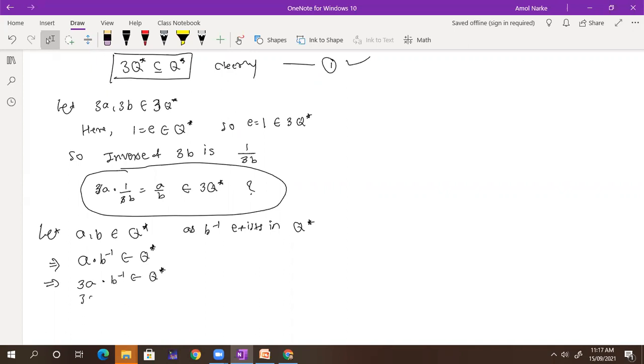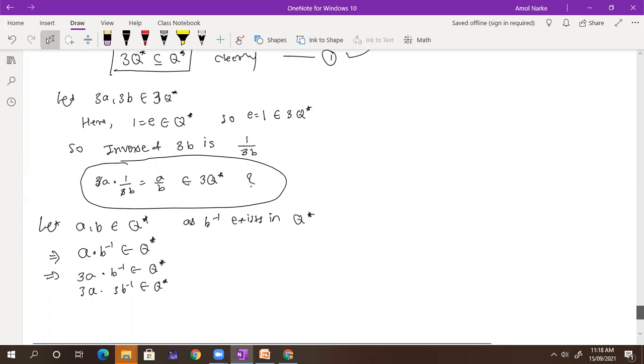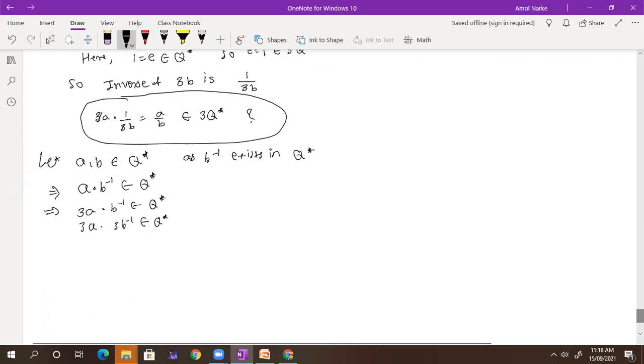So 3a into 3b inverse also belongs to Q star, because any number you multiply is always a part of Q star. But I want it in 3q star. So whether 3a into 3b inverse belongs to 3q star as per the definition?